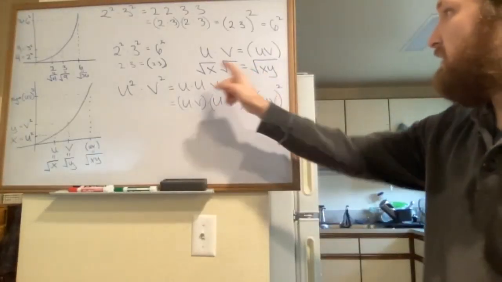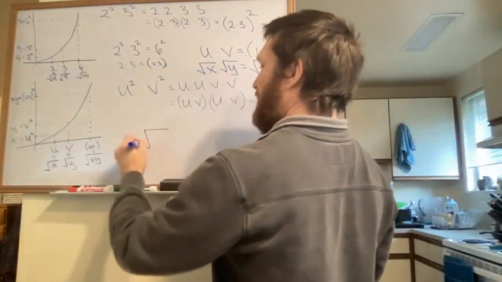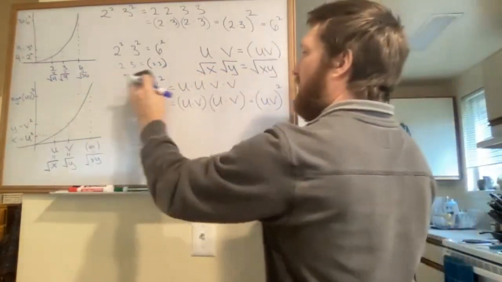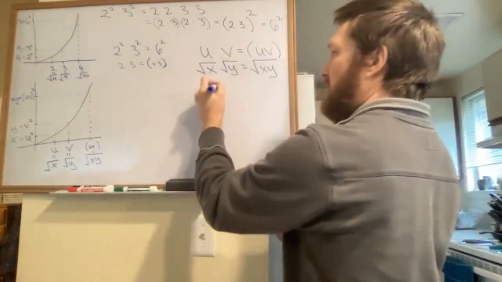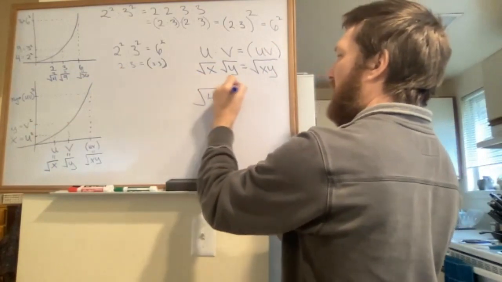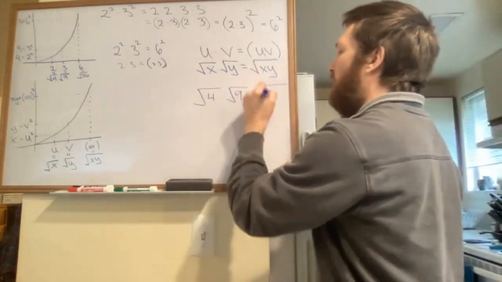And indeed, it does work, right? What this says, I'm just going to plug these in here and say, okay, then it should be the case that the square root of 4 times the square root of 9 is equal to the square root of 4 times 9.